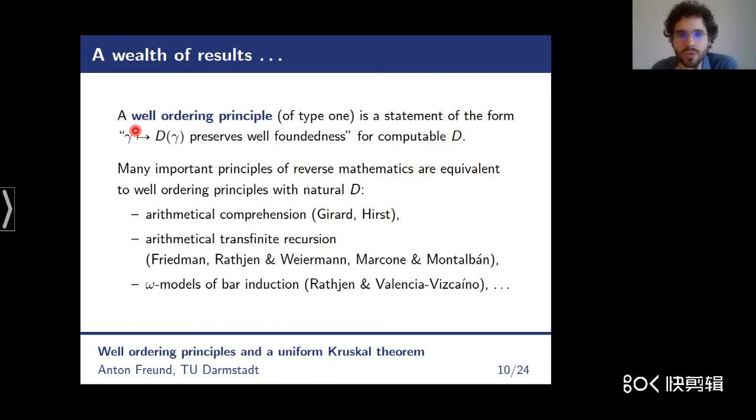Such a statement is called a well-ordering principle. And to be precise, you should maybe call it a well-ordering principle of type 1. And the example that we saw before took gamma into epsilon gamma, so into this relativization of Gentzen's ordinal.